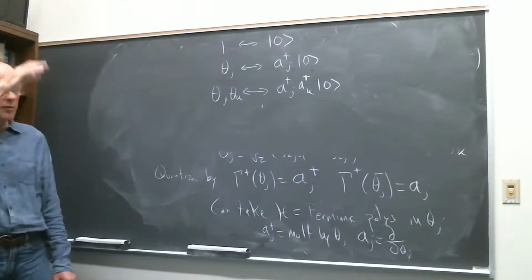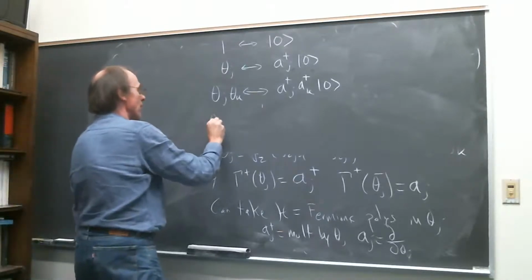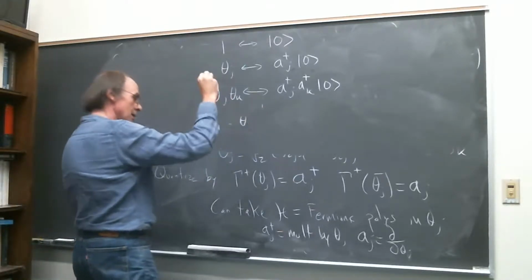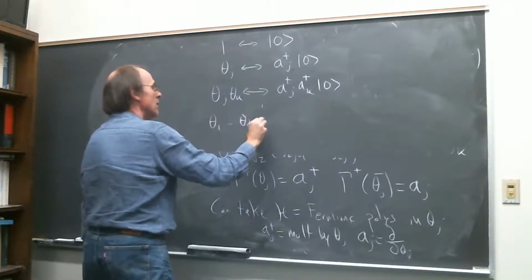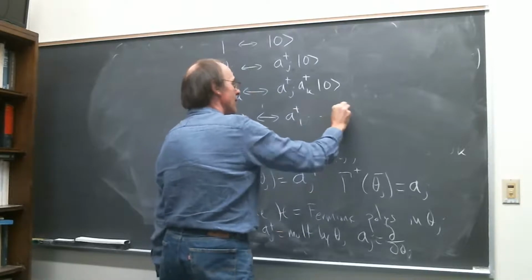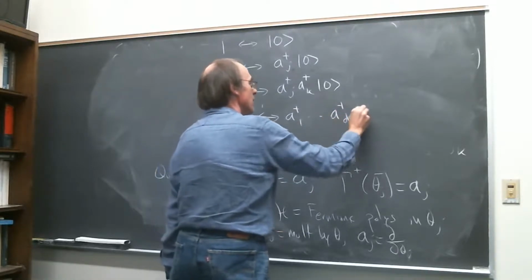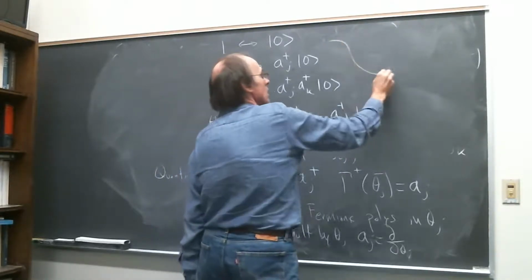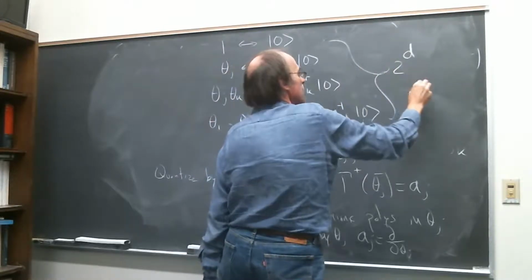But remember that you could only do this a finite number of times, and you ended up with theta_1 up to theta_d corresponding to A_1 dagger up to A_d dagger. There are 2 to the d possibilities.